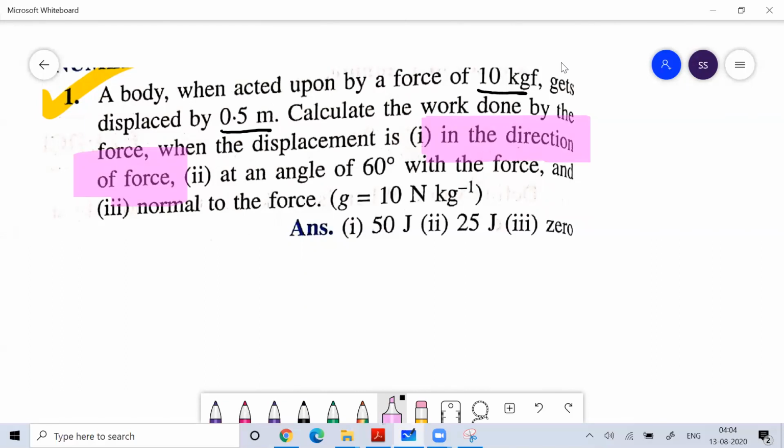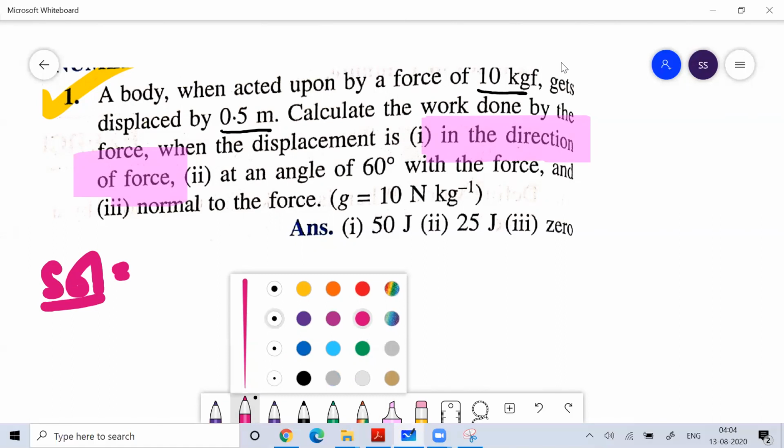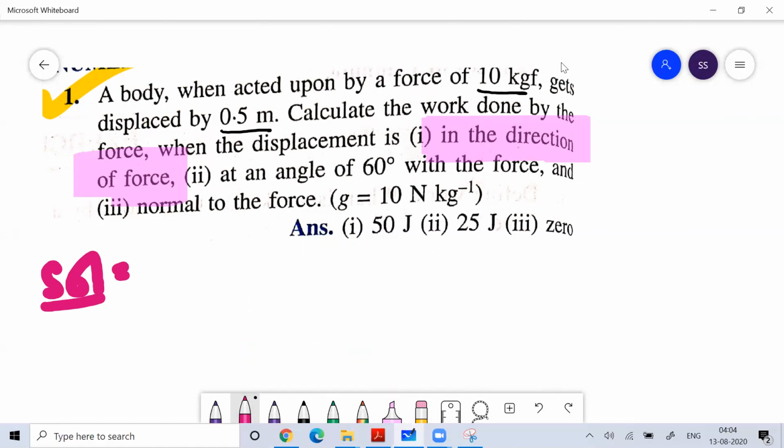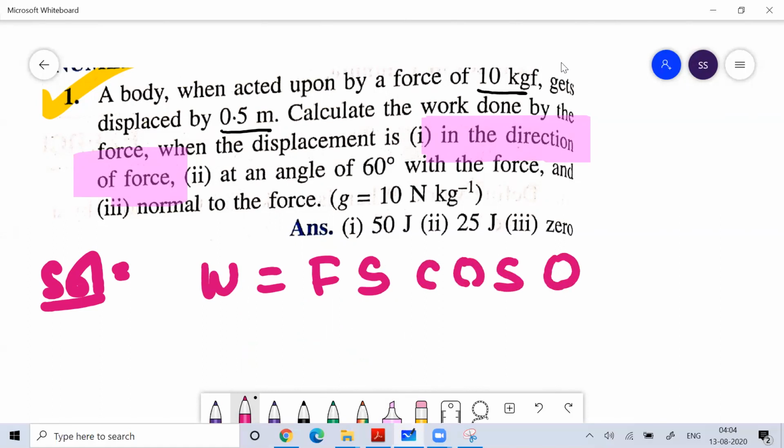So if theta is 0, you know the formula: work is equal to F into S cos theta, and cos 0 degree is equal to 1. So the work would be equal to F into S.